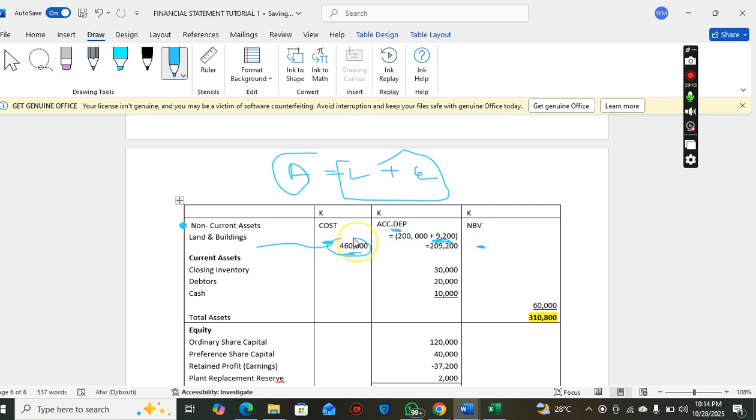So the net book value is the cost of the asset minus accumulated depreciation.